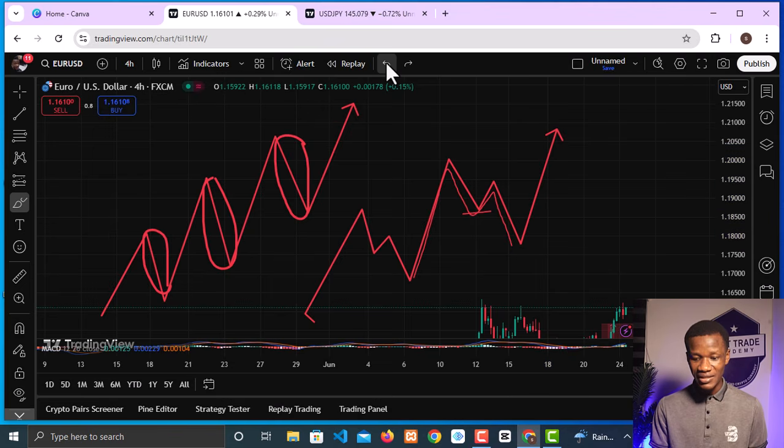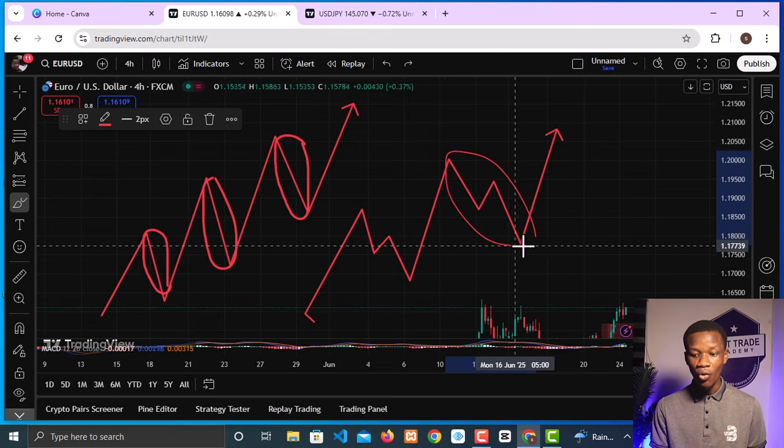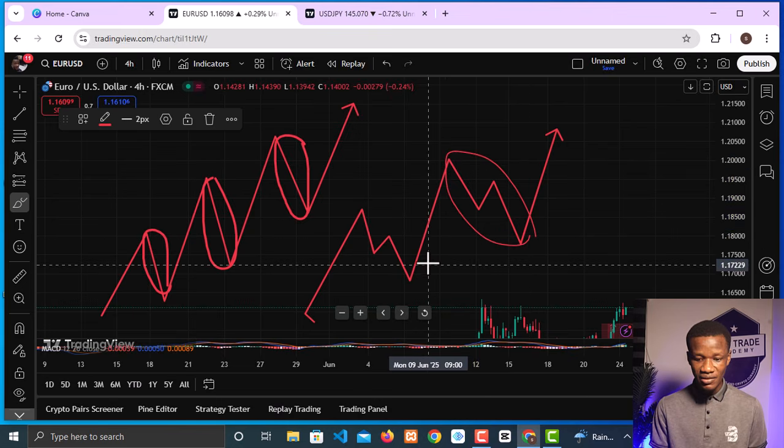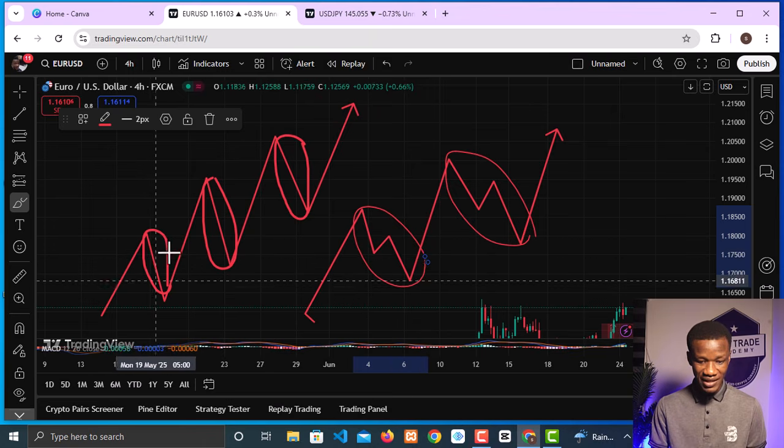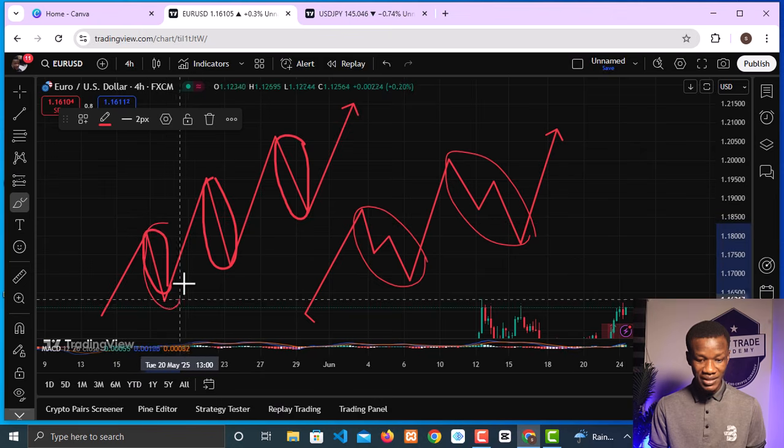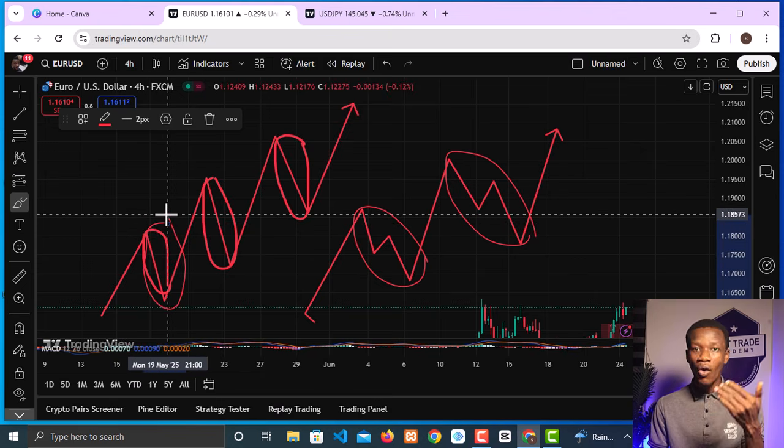What that means is this very correction that we see right here is a corrective pullback, and this very one is a corrective pullback. So when you have this kind of formation right here, it can be corrective or aggressive depending on the kind of candles, that is the momentum in the candles coming back down.